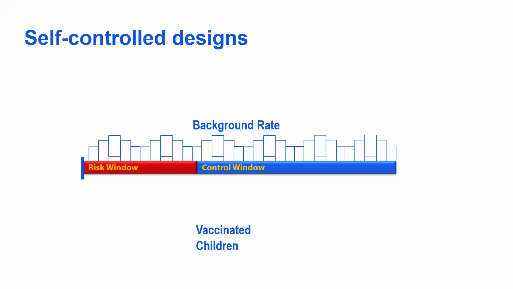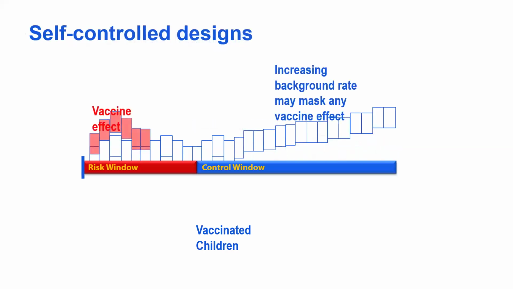And that can be a pretty limiting assumption in the sense that, if there are seasonal distributions to an outcome of interest, you could see something like this where in the control period, the background rate is higher than in the risk period. And even if there is an association between the vaccine and the outcome, if you fail to account for that time varying variable, it could create a bias. We could say there is no effect when in fact there really is. And controlling for time varying confounding in a self-controlled design is challenging.